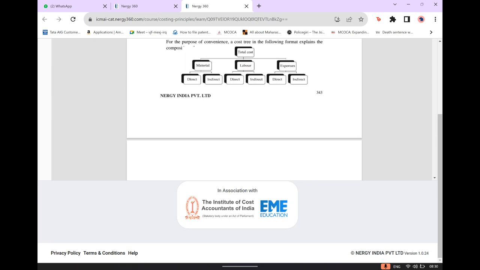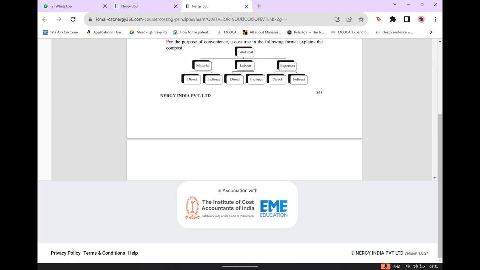To the works cost, when you add the office and administrative overheads, you get the cost of production. To the cost of production, you add the opening stock of finished goods and subtract the closing stock of finished goods.